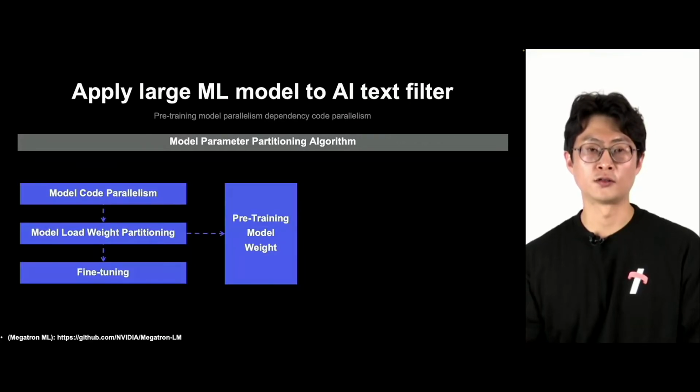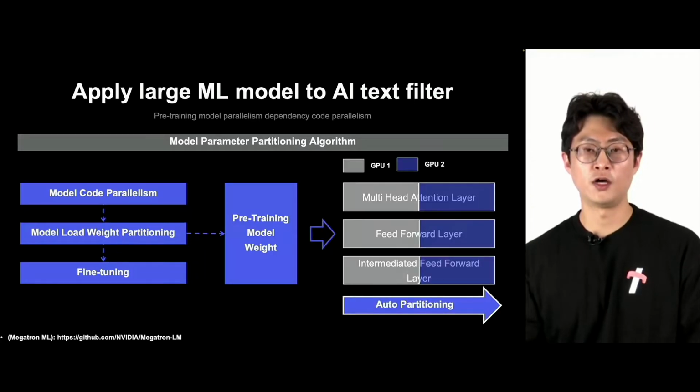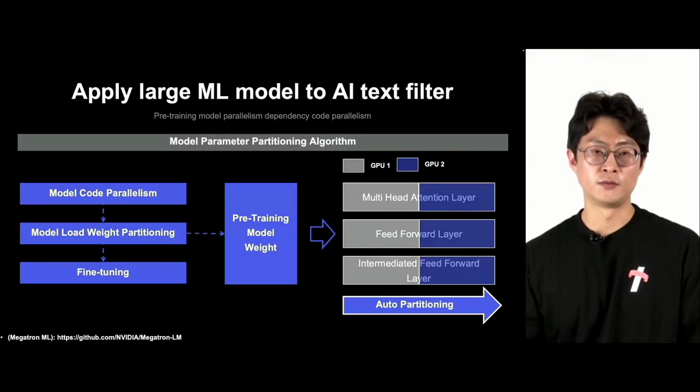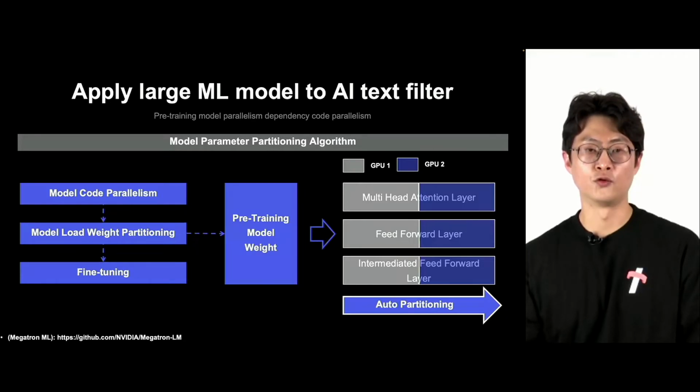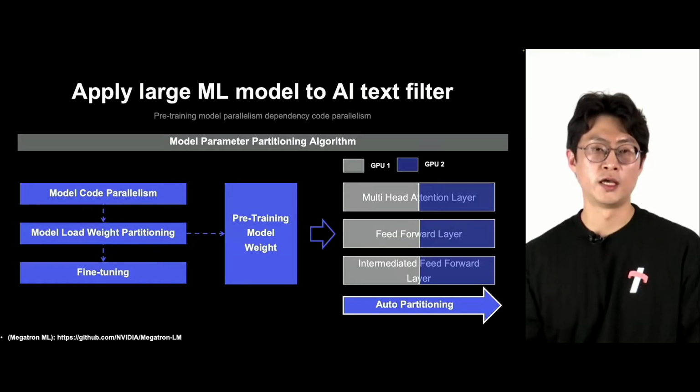And after implementing the model parallelism, for the model parameters that are not parallelized, you have to partition and load the model accordingly. For that part, you have to match the number of GPUs that use model parallelism and implement auto-partitioning. And lastly, you use the pre-training model that has parallelism, and you go ahead with fine-tuning.